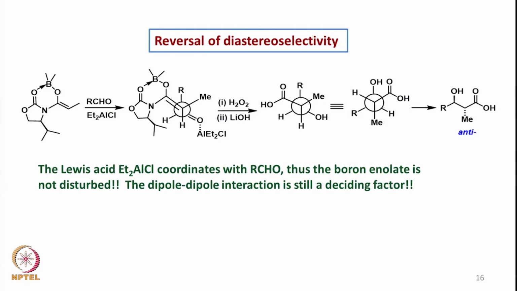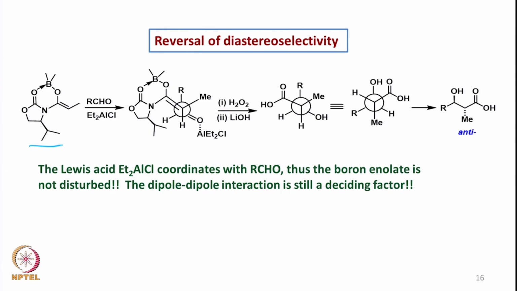Now how do we get the anti-aldol? If we have to get the anti-aldol, how do we get it? What has been done is that we start with, say for example, this type of boron enolate and react with aldehyde.